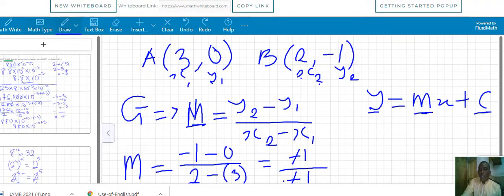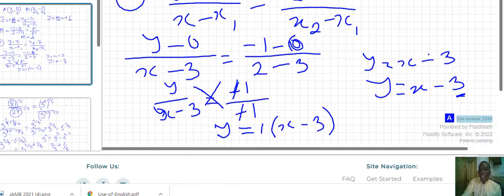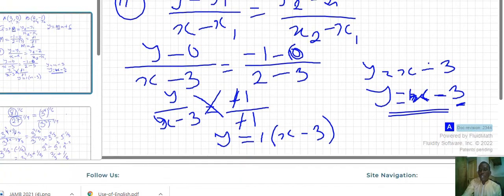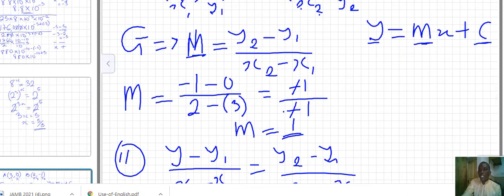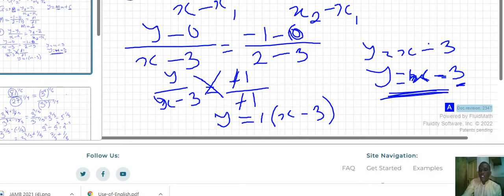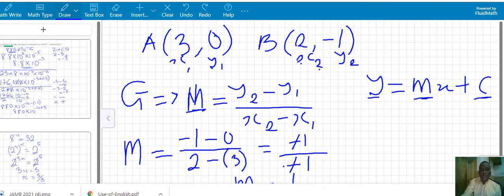And our m is 1, because if there is no value there, it means 1 is there. So that means this equation is absolutely correct. So we have y equal to x minus 3. That's the equation of the straight line. And I guess you understand this very well.